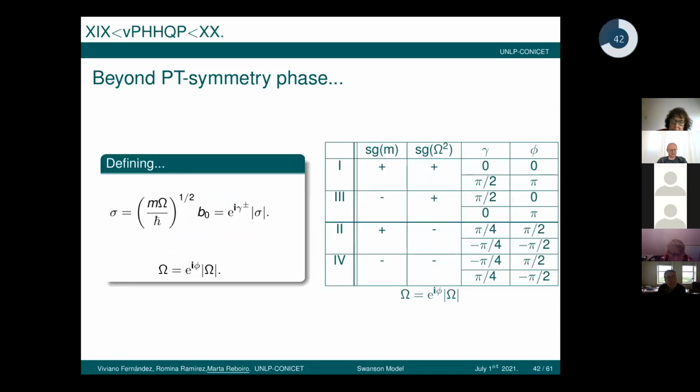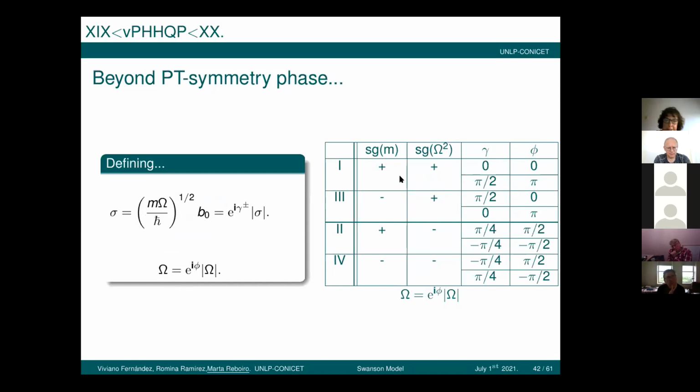We define this parameter, which is basically proportional to the square root of n times omega, and we look at the phase of this parameter. And we look at the phase also of omega.